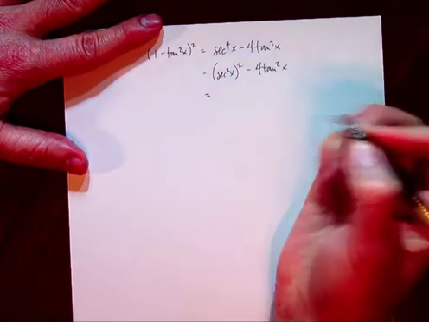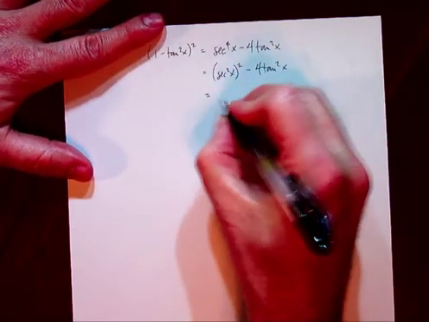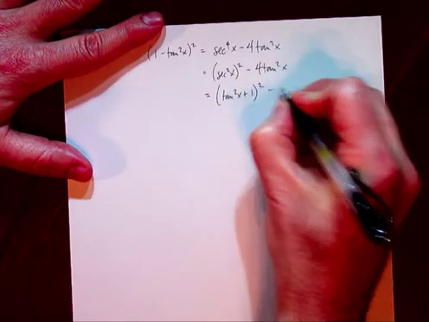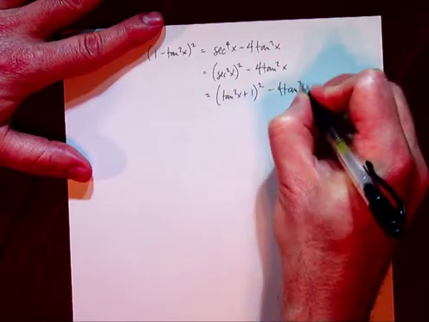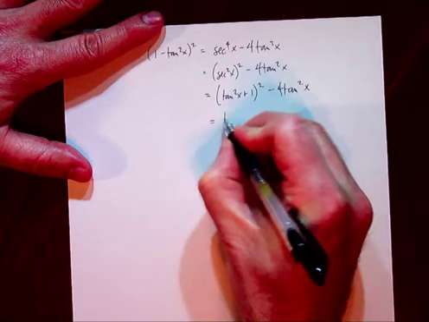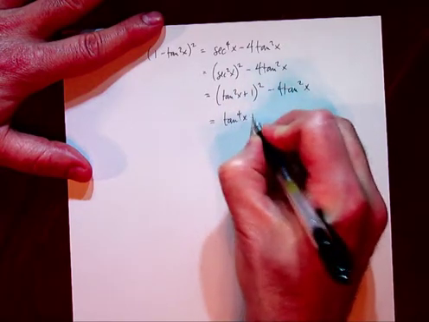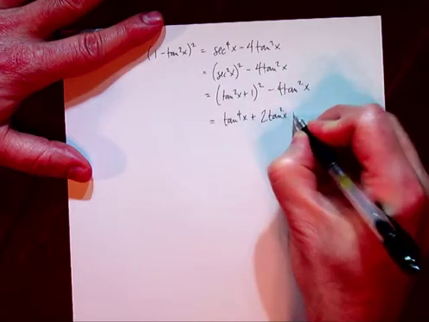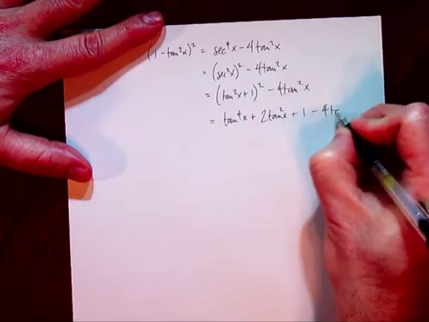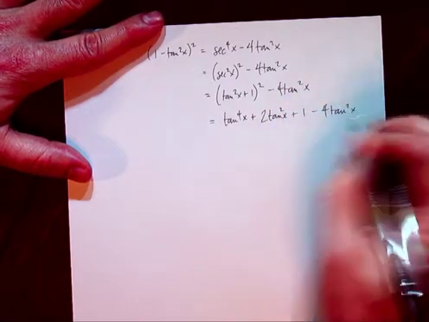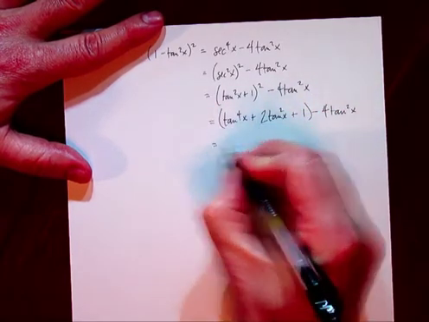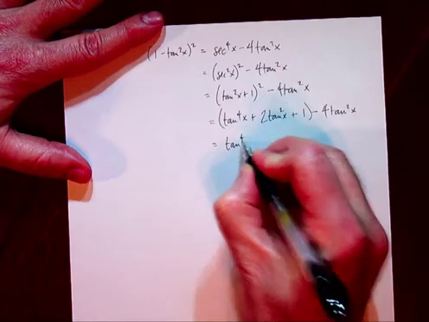And secant squared winds up being tangent squared plus 1. Now, if that's the case, and I FOIL this out, basically this negative 4 tangent squared is going to turn this positive 2 into a negative 2.